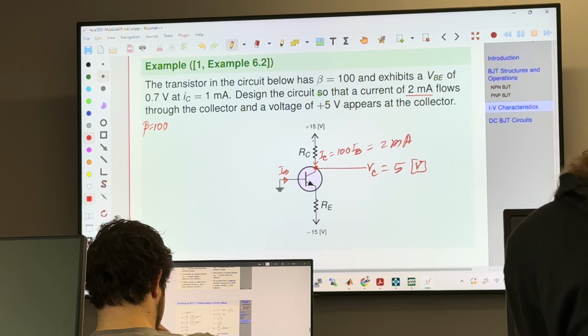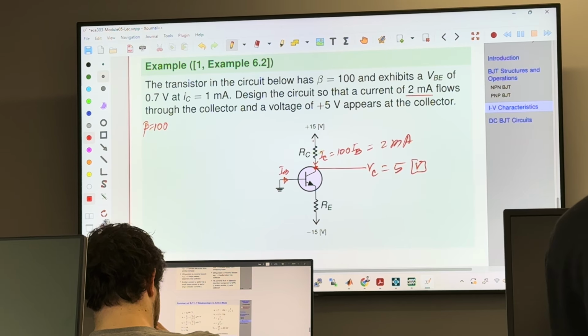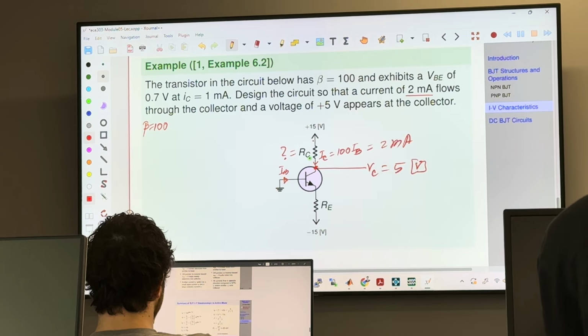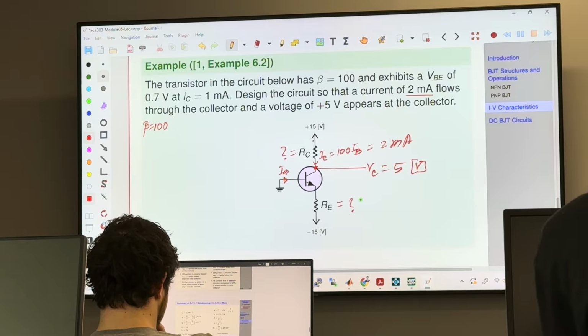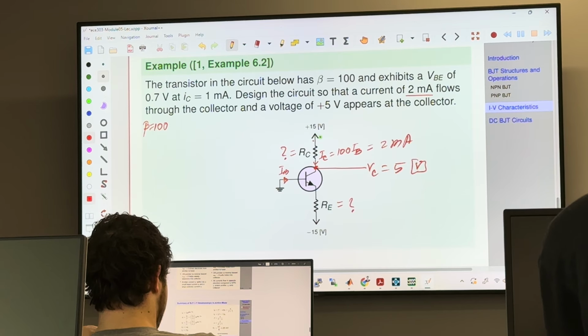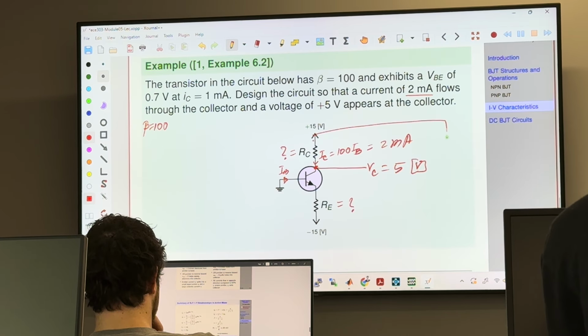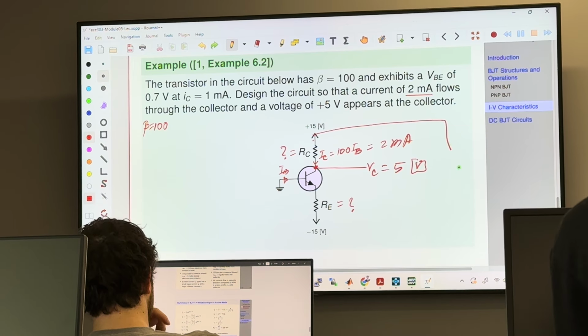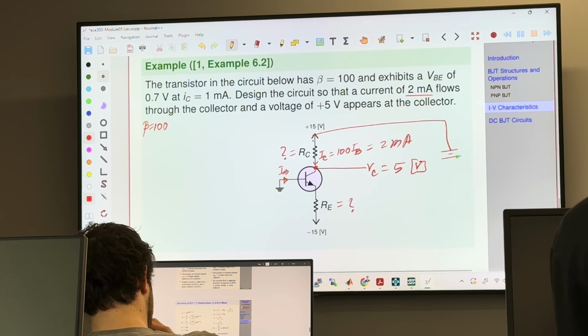When you say design the circuit, it means you just need to know how much this collector resistor is, and how much this emitter resistor is, given these voltages. Again, you can think of this as positive. I'm going to use a direct battery, DC.